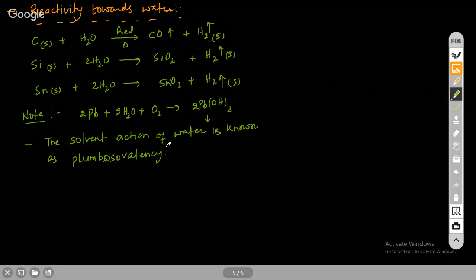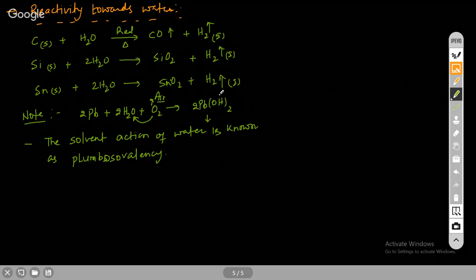Nothing we have to understand here. The point is that lead is generally not attacked by pure air-free water, except at the boiling point. What happens if you have air dissolved in water? That air contains oxygen. When water containing air reacts with lead, it forms Pb(OH)2, which is water soluble.